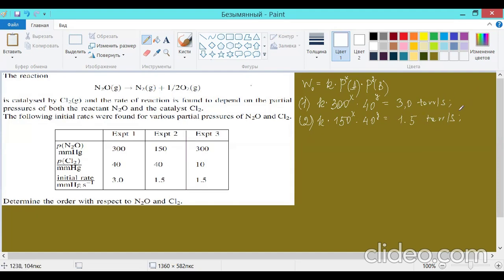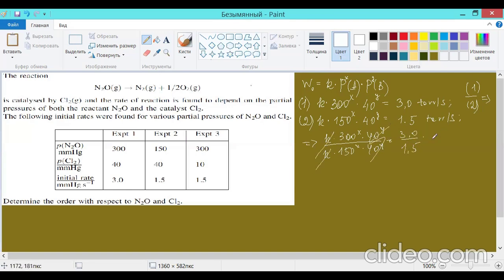And we can already see how much X is if we divide the first equation by the second.